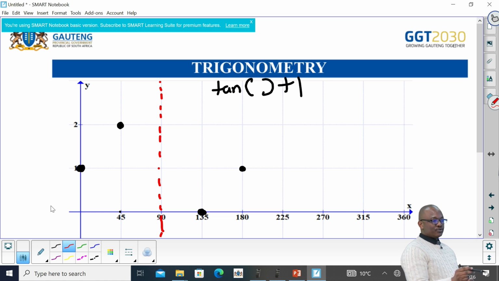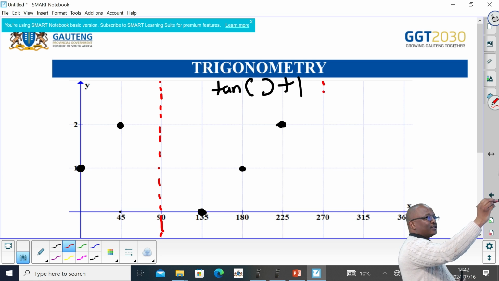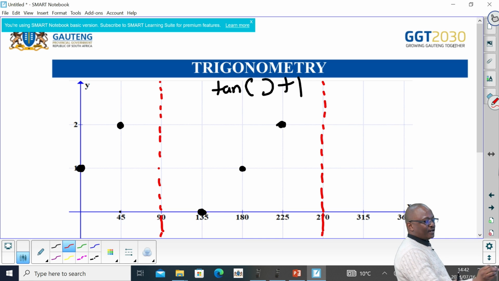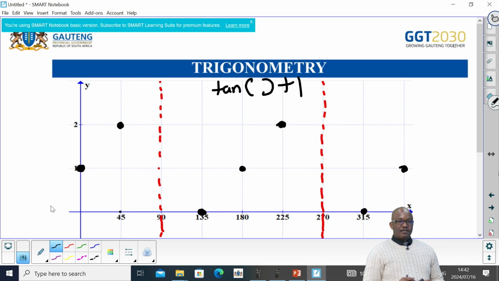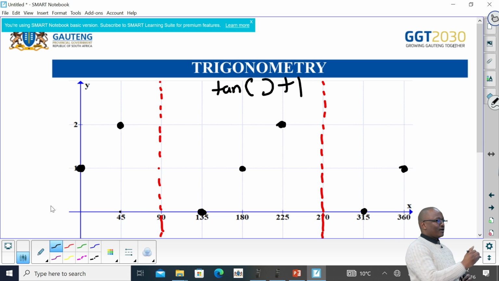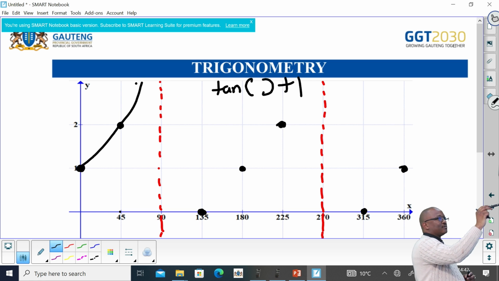And 225, you will get 2. Then 270 there, you will see undefined. Then at 315, you will also get 0, and 360, you will get 1.